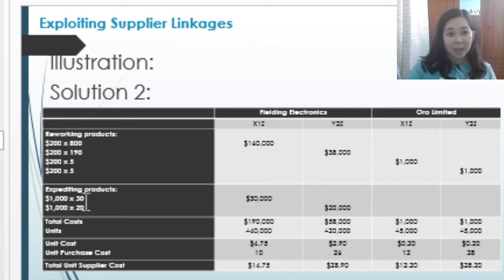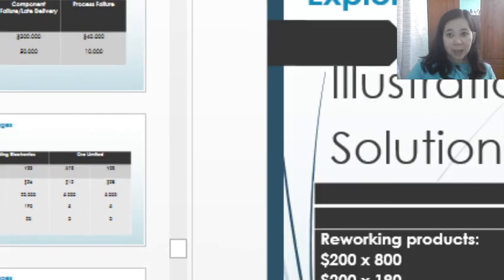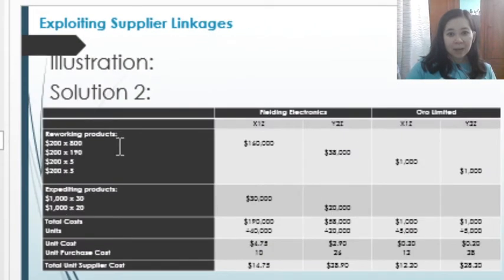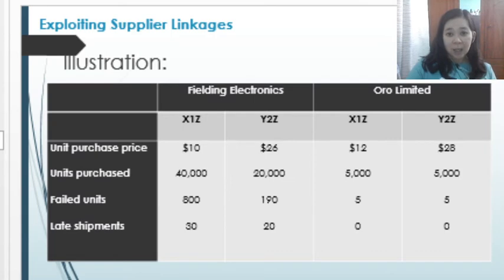Okay, next is for, this one is, I guess, expediting. This one right here is for reworking the products. The second row is for expediting. So the same also, we just multiply it with the per unit cost and the shipping or late shipment.